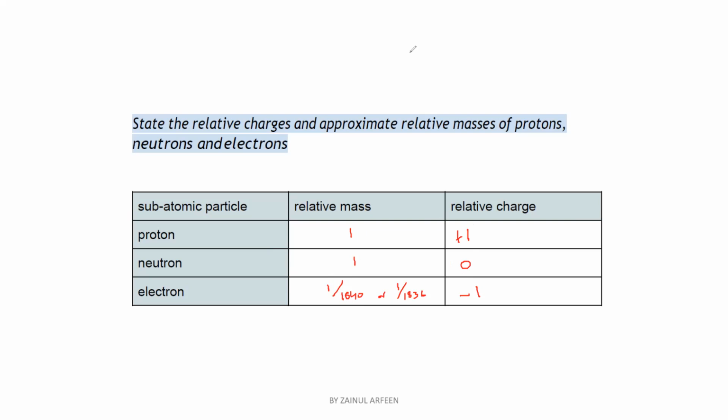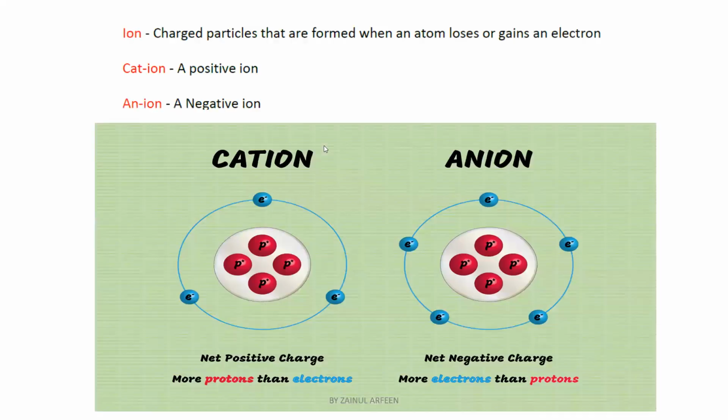Why is the whole atom neutral? Because it contains an equal number of protons and electrons. Then the concept of ions: the charged particles that are formed when an atom loses or gains electrons, we call an ion.